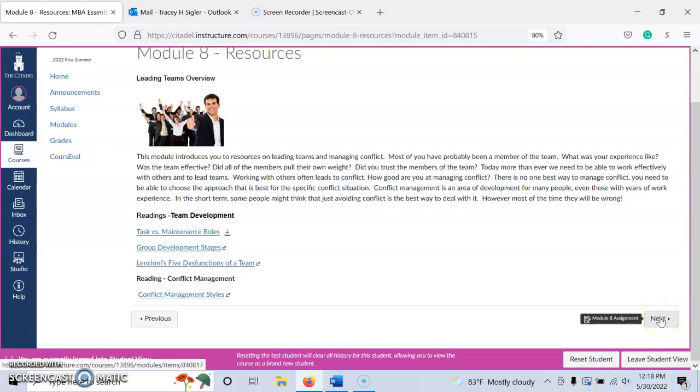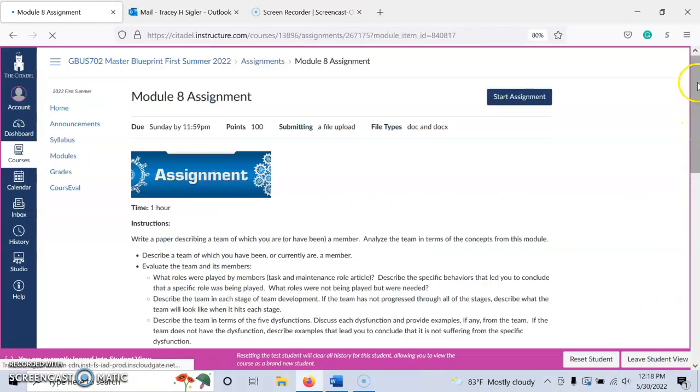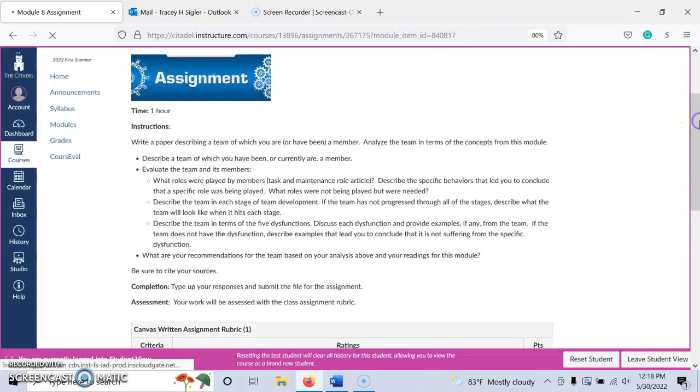Sometimes in teams, when you have to work together, there is conflict. So the written assignment this week is to write a paper describing a team of which you are or have been a member. We tend to think about these teams in terms of organizations, but you can use a sports team if that's what you've got, if that's your major role right now.